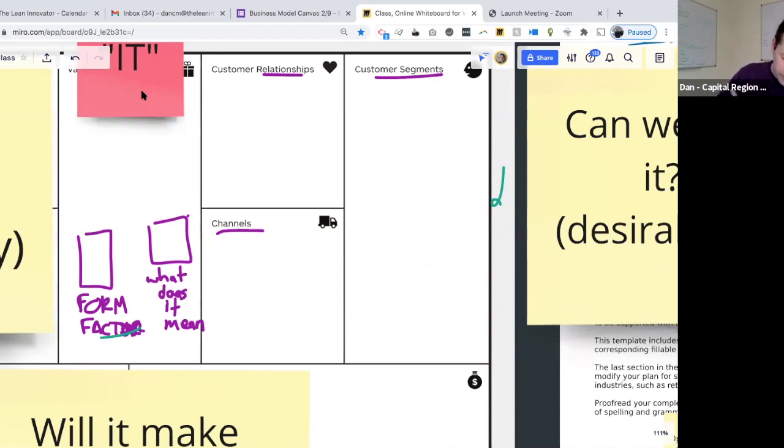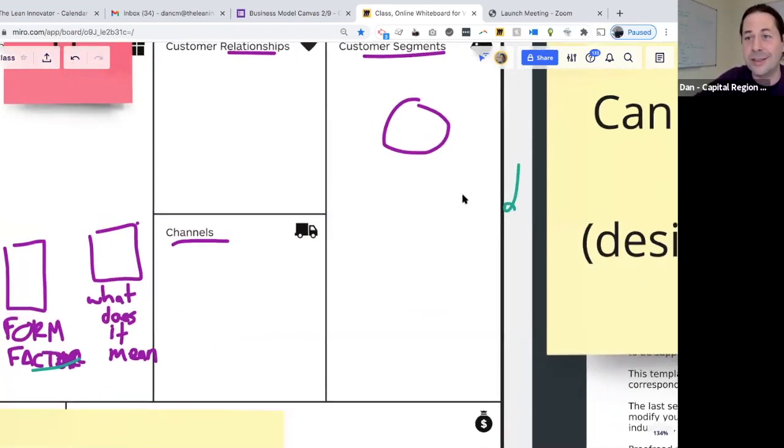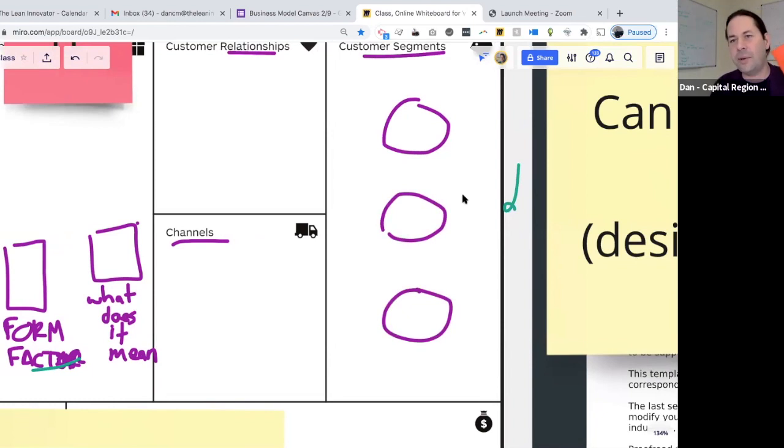Okay. So right here, we've got our customer segments. So what is a customer segment? It's basically a grouping of people with similar functional needs and emotional needs, right? And so you can have several different types of customers. In the notebook example, we can have people that love to journal, people that just need to organize stuff, and we can also have people that need to do some introspection.